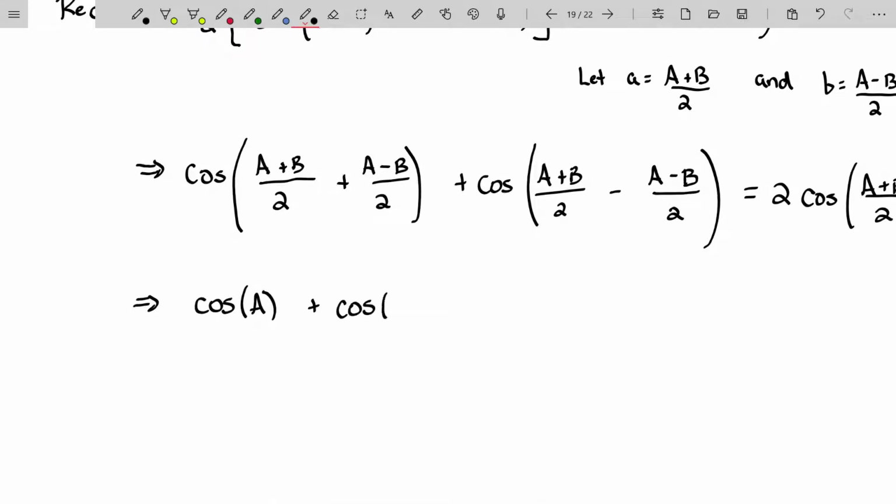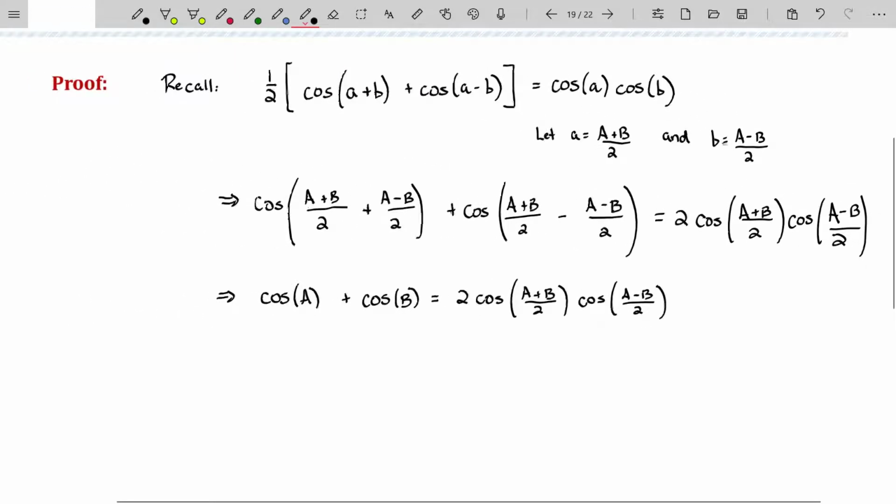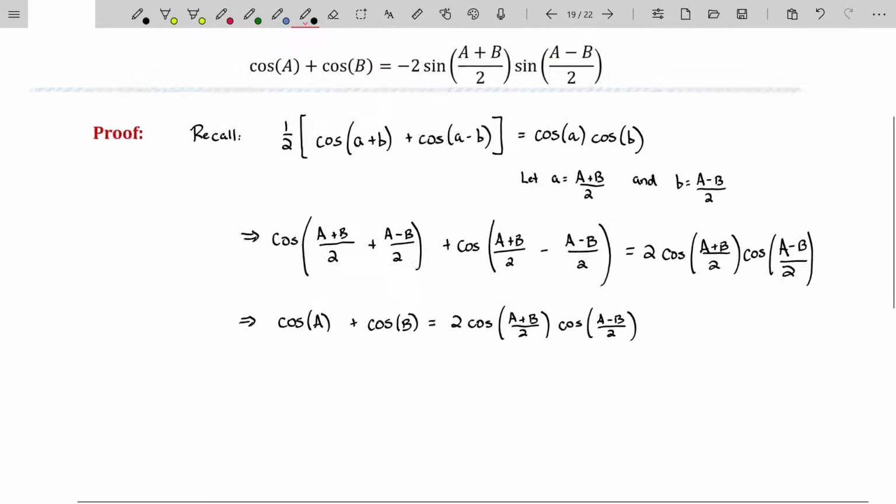So that'd be the cosine of capital B. And this is equal to, again, twice the cosine of the sum, I should say the average, it's probably a better way of saying that, of those angles, times the cosine of their distance over 2. All right, so that's how you prove any of them. You just make that substitution.